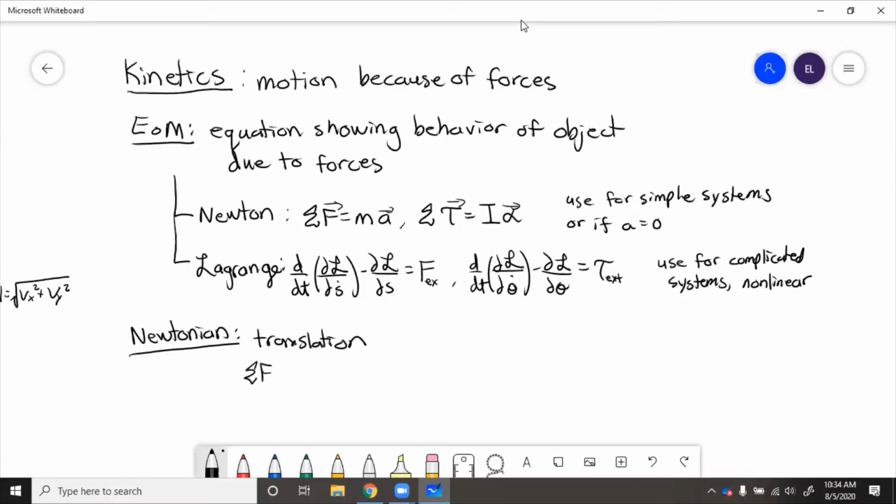So sum of the forces in x equals m ax, sum of the forces in y equals m ay, and sum of the torques around either axis of rotation or mass center. But for pure translation, there isn't any, so they equal 0.